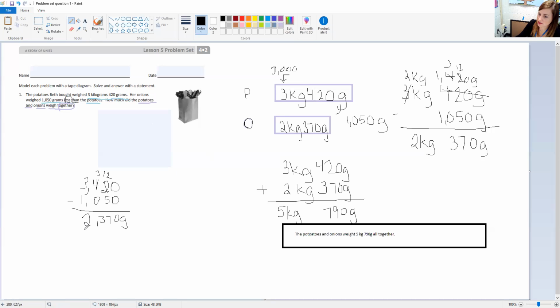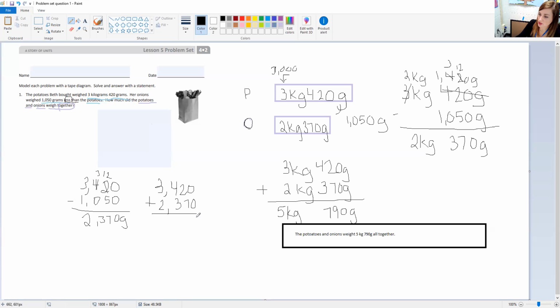So right now I could say the onions were 2,370 grams. And then the question was still how much did the potatoes and onions weigh together? So I could take those two numbers. Instead of saying 3 kilograms, 420 grams, I could say 3,420, because we know 3 kilograms is 3,000 grams, plus the 2 kilograms is going to be 2,000, so 2,370.